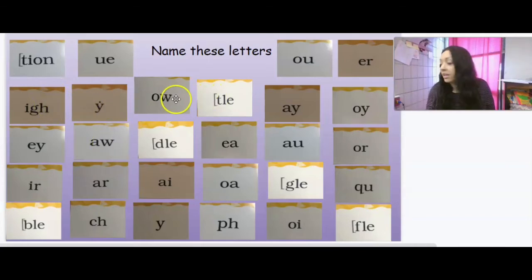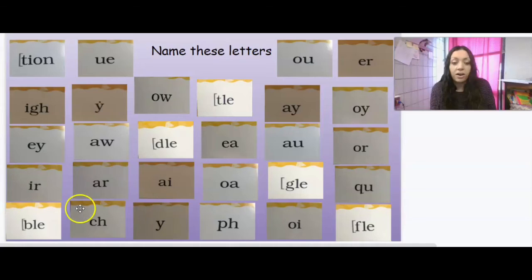Vowel Y. Then we have digraph or diphthong, O-U. Then we have final syllable, T-L-E. Digraph, A-Y. Diphthong, O-Y. Digraph, E-Y. Digraph, A-W. Final syllable, D-L-E. Digraph, E-A. Digraph, A-U.